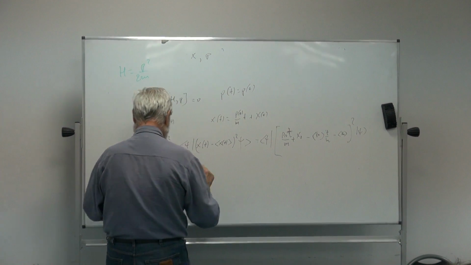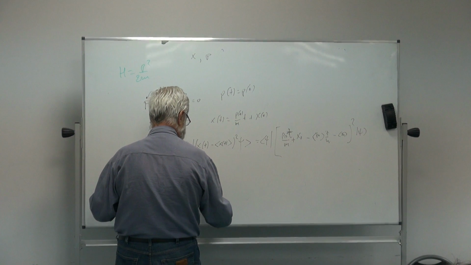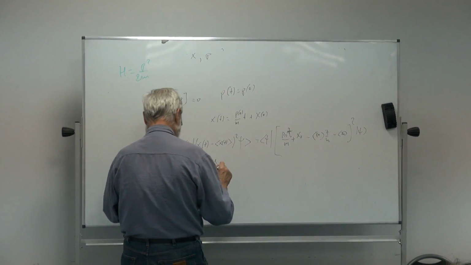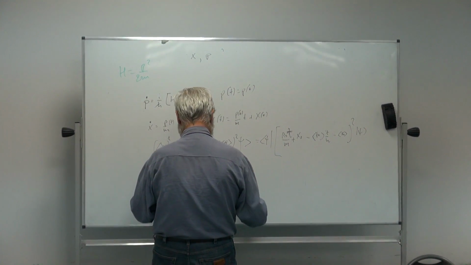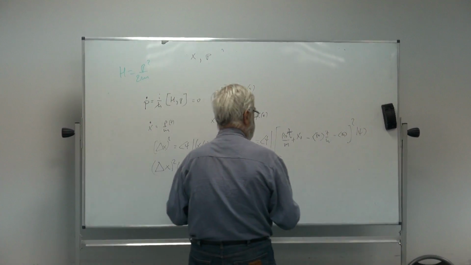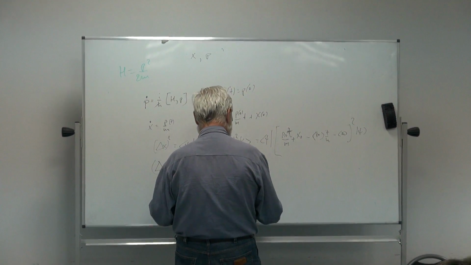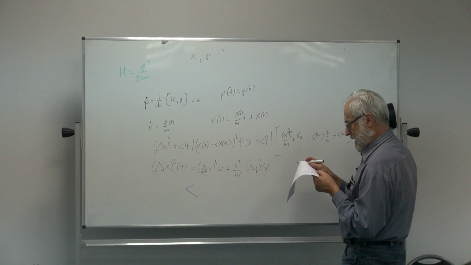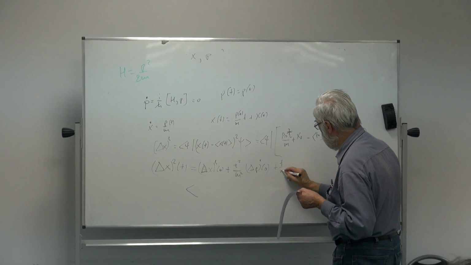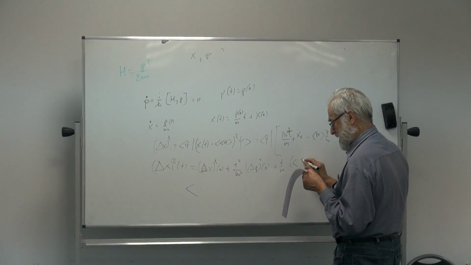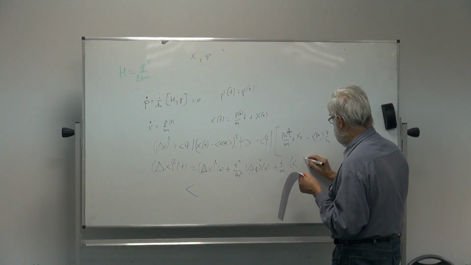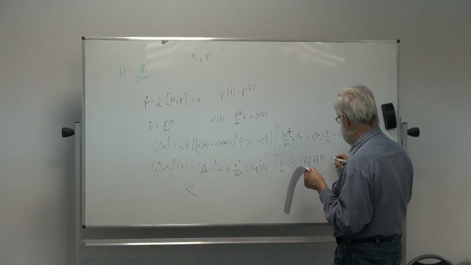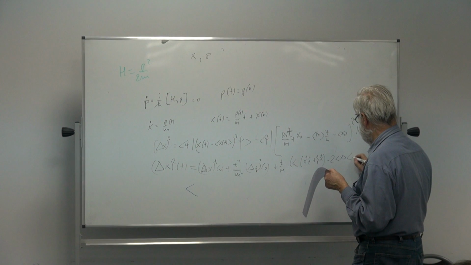What I get is delta x squared of t equals delta x squared of 0 plus t squared divided by m squared times delta p squared of 0 plus t over m times the expectation of xp plus px minus 2 times the expectation of x times the expectation of p.